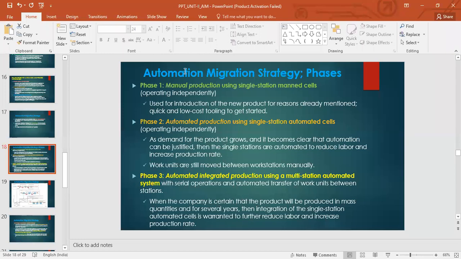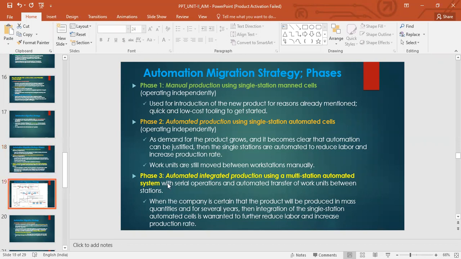So that's the automation migration strategy. You have migrated from manual production all the way through to automated production, and then a multi-station automated system with automated work handling, right? That's what we mean by migration from one phase to the other.